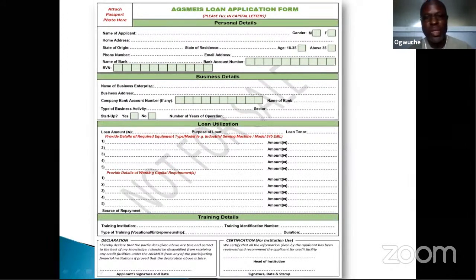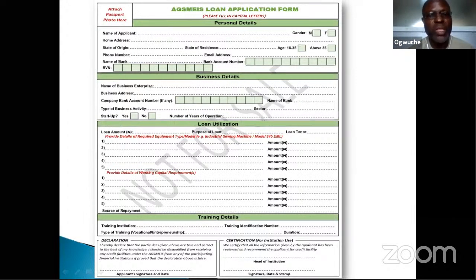That's the form on the monitor now. As you can see, like I said, it's divided into 4 sections: the personal details, business details, loan utilization, and training details. All right, so let's start by looking at the various sections. Personal details, of course, is very similar to the other one we've looked at, so it's nothing much there.